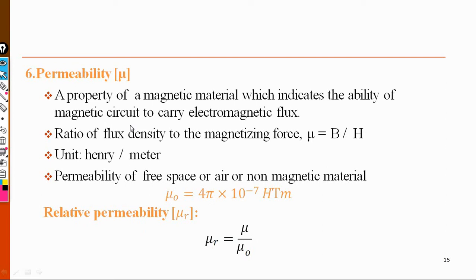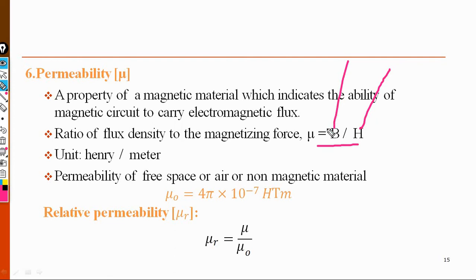Then next point is permeability. It is an important definition because reluctance always depends on permeability. The symbol is mu. Permeability is the ratio of B upon H. B means magnetic flux density and H means magnetic field intensity.